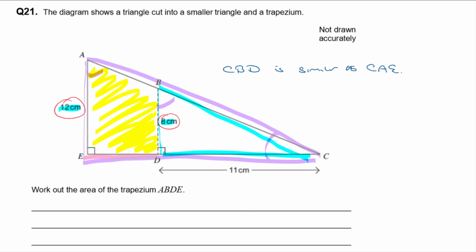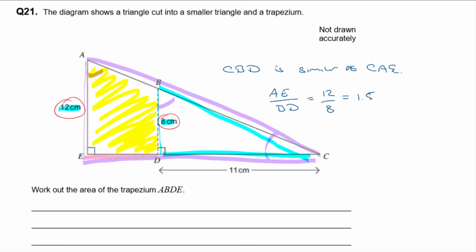So, and then if we have a look at the relationship between AE and BD, so if I take AE and divide it by BD, that's going to be 12 over 8, which is 1.5, isn't it? Okay, so the scale factor between the smaller triangle and the bigger one is 1.5.